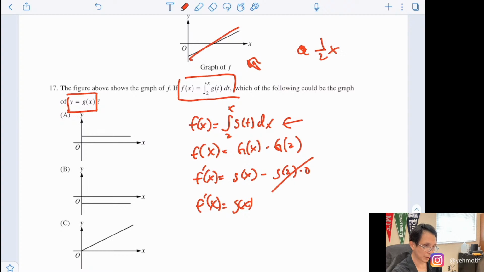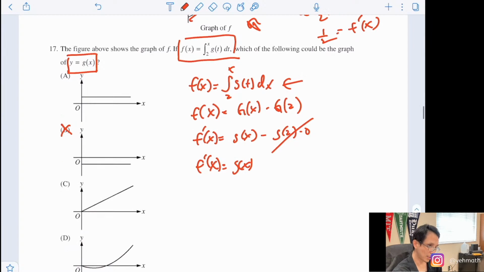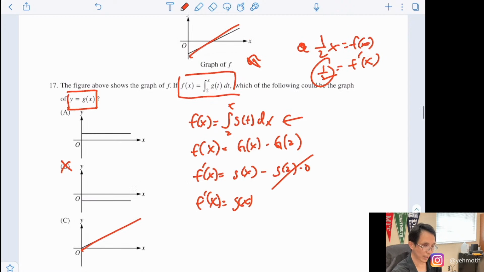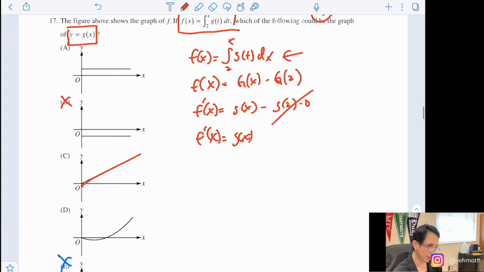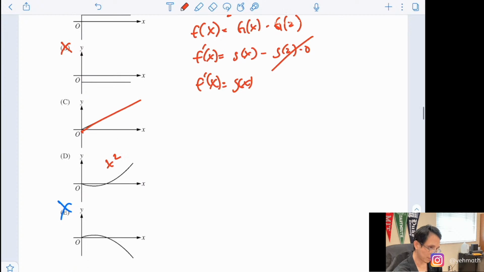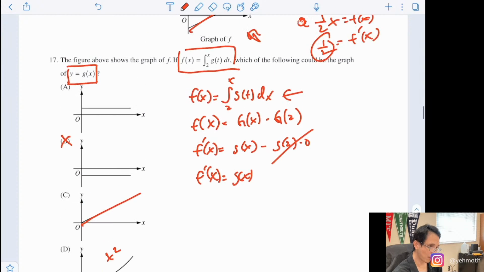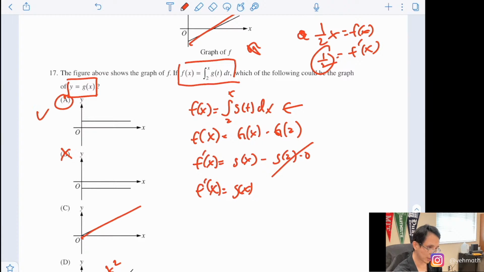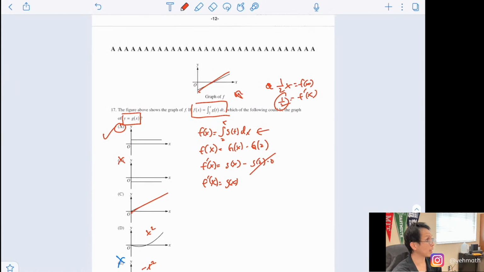If I take a derivative of that, it's probably equal to 1/2, which is a positive value, and it has a horizontal line. So it's not this one because this one's below the x-axis, and this one is probably some type of x, but we only want a half, and this is probably something x squared, and there's some negative x squared. So the best thing is this one. A is the best choice. Does that make sense?